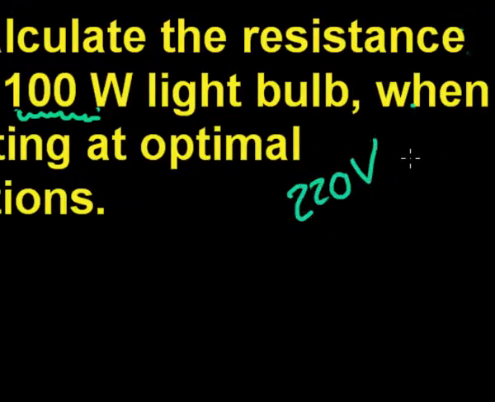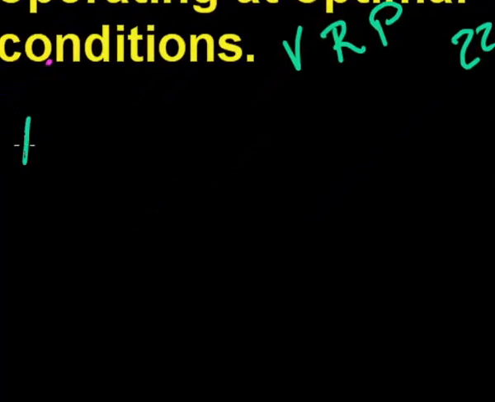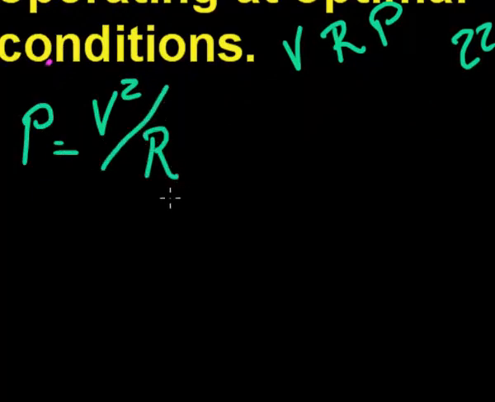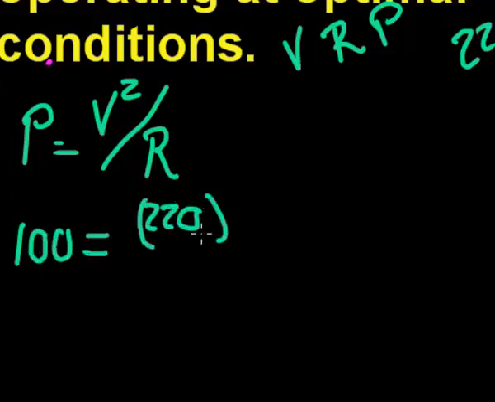We want to calculate the resistance. So V we've got, R we want to calculate, and the power we do have. Using these three variables, we can make use of the formula that says power is equal to V squared, remember the RMS values, divided by the resistance. This average power is given as 100 watt, and we have 220 volts squared divided by the resistance.